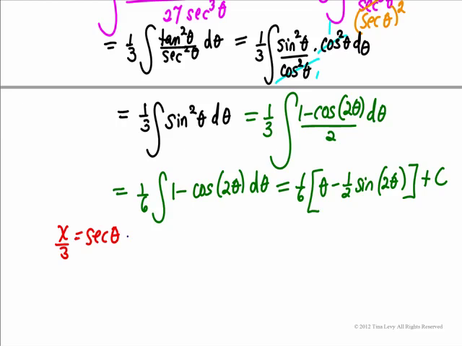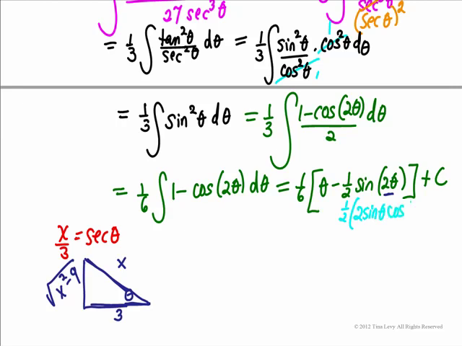Related to that, we had the right triangle, where we had theta right here, and we had that it was hypotenuse over adjacent, and this was square root of x squared minus 9. But notice our angle is 2 theta, but we only have the triangle with theta. Sine of the double angle is 2 sine theta cosine theta.